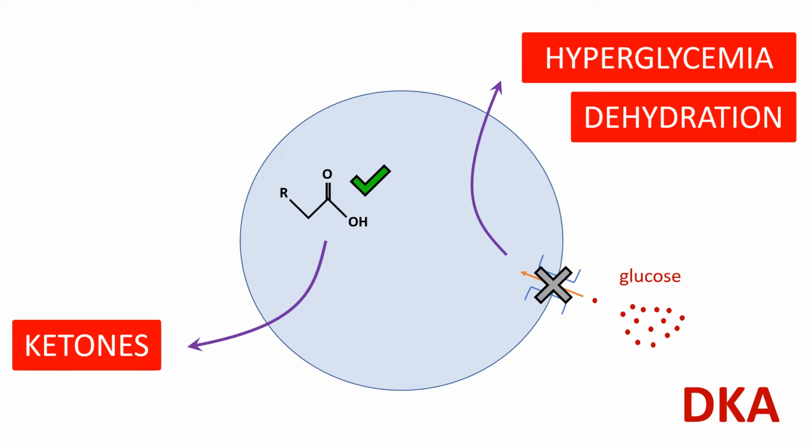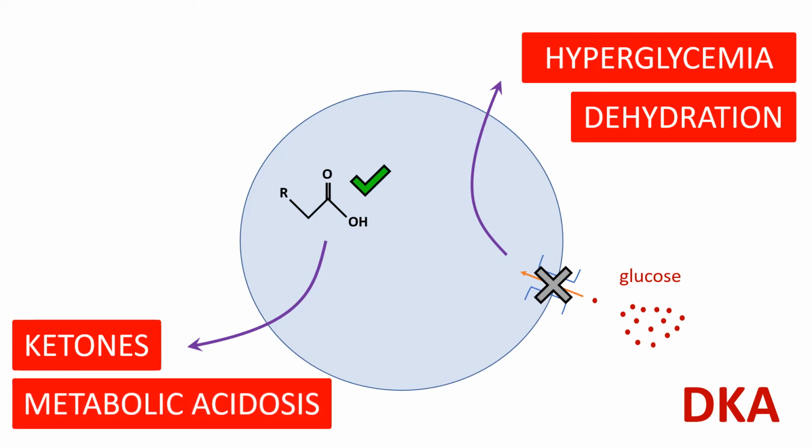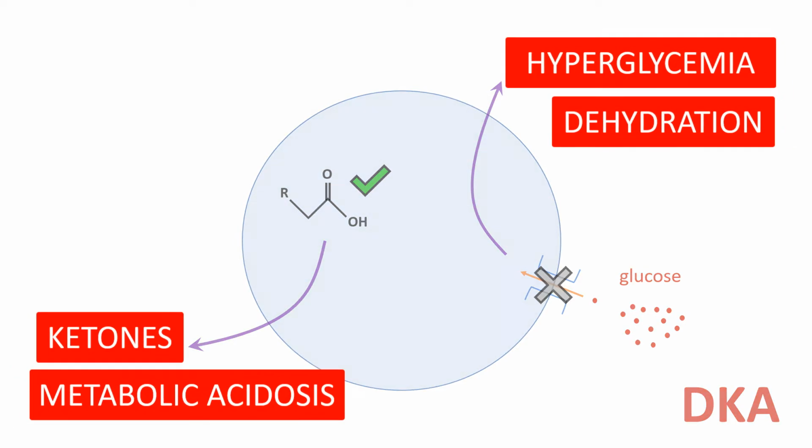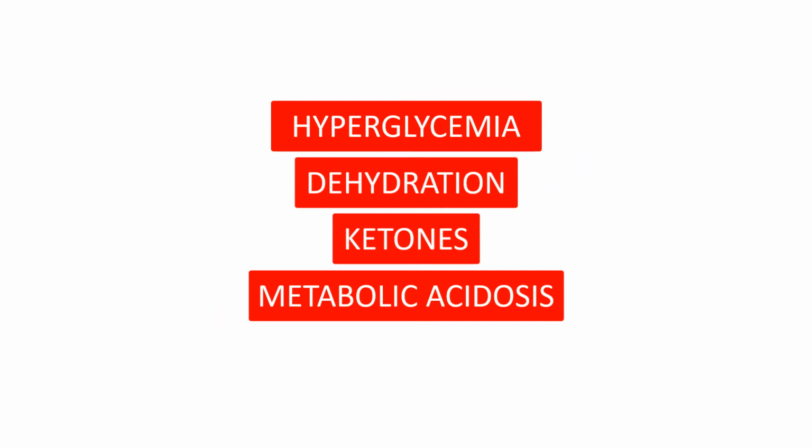The accumulation of these ketones will eventually happen because fatty acid oxidation is the primary fuel source for patients who are in DKA, and this will eventually result in a metabolic acidosis. These are the most common metabolic derangements that are seen in a patient with DKA.